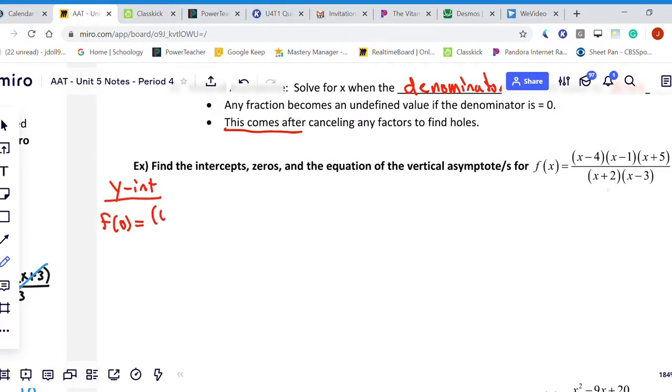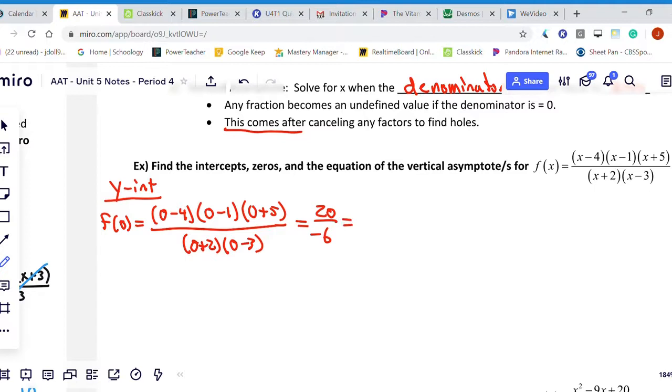So this is going to become 0 minus 4 times 0 minus 1 times 0 plus 5, all over 0 plus 2 and 0 minus 3. Simplify that: -4 times -1 is +4, times 5 is 20. And this is 2 times -3, which is -6.